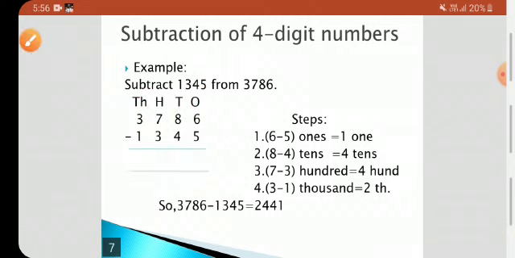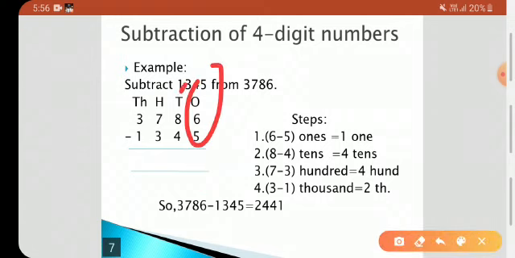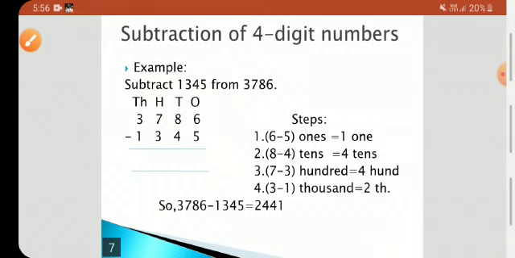So 3786 minus 1345 is equal to 2441. You have to remember, first we will subtract ones, then tens, then hundreds, and then thousands.